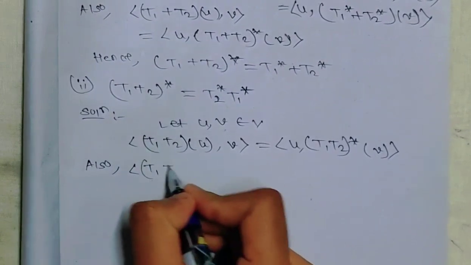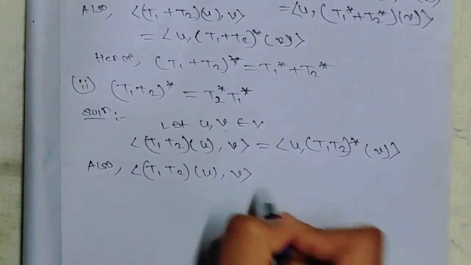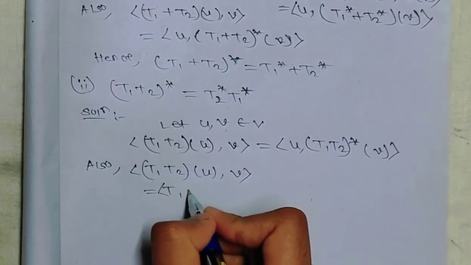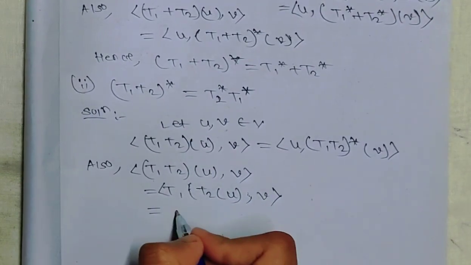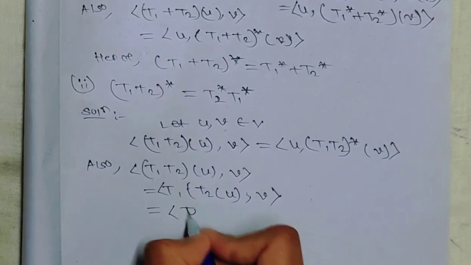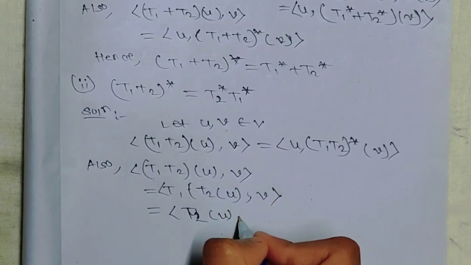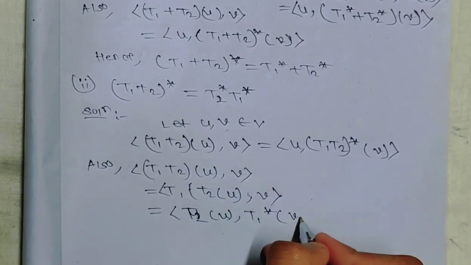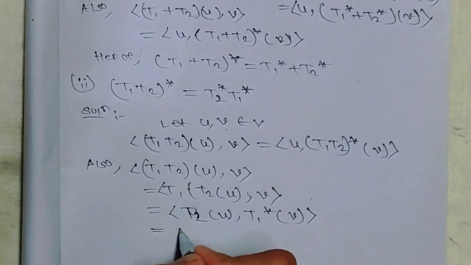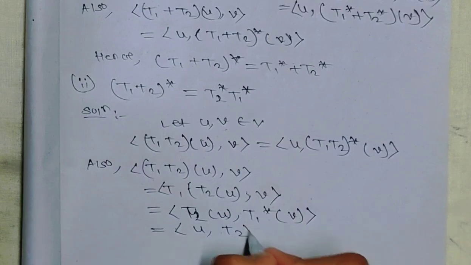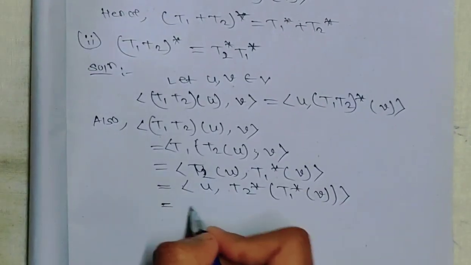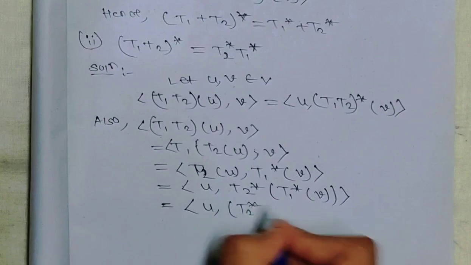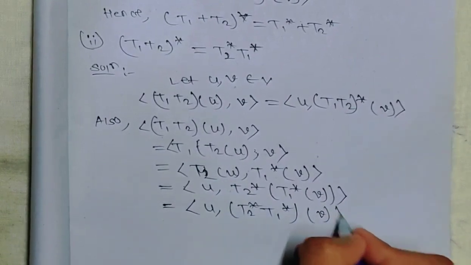Also inner product of T1 T2 of u, v equals inner product of T2 of u, T1 star of v, that equals u, T2 star of T1 star v, that equals inner product of u, T2 star T1 star of v.